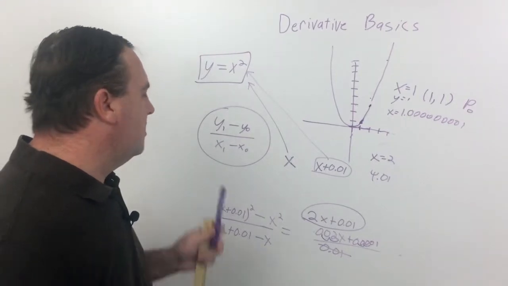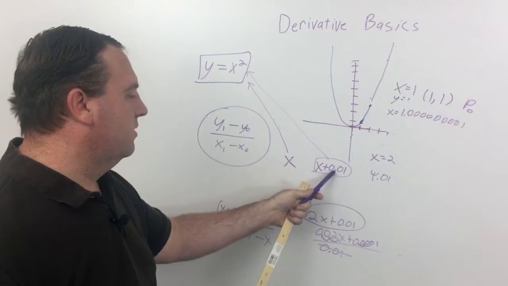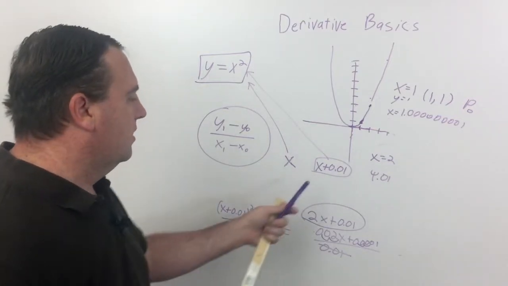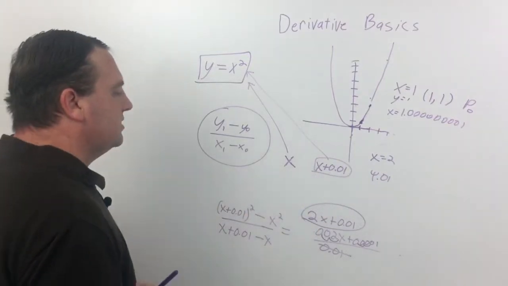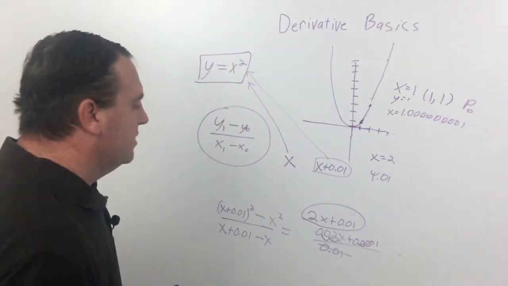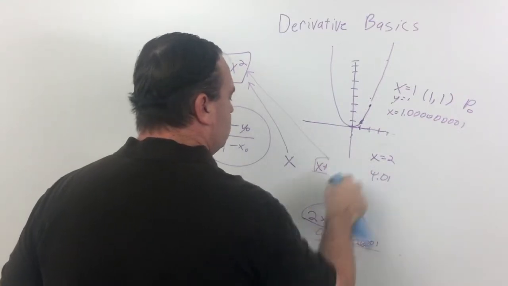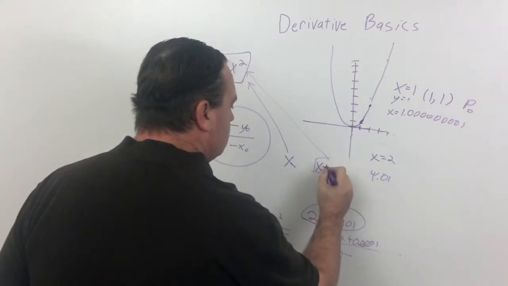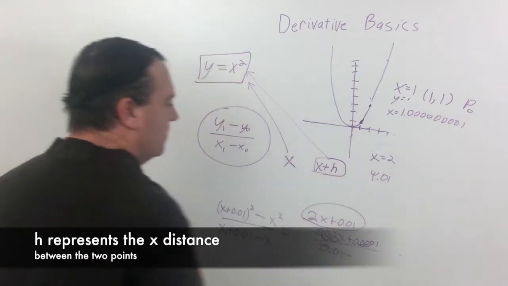Let's see if we can do better. Here we keep on changing this value and getting a different formula. Instead of setting this to be a specific number, let's set it, this is why we use letters in math, because we want to do something that's more general. So instead of saying x plus a specific number, we will use h as our number.